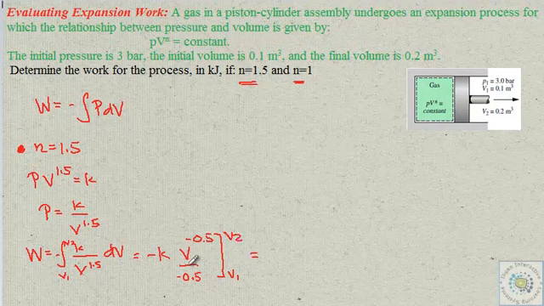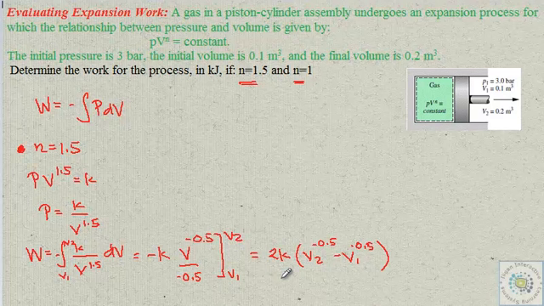In this case, this will cancel the negative, and we'll get 2k times V2 raised to the negative 0.5 minus V1 raised to the negative 0.5. And I think we know V2 and V1.